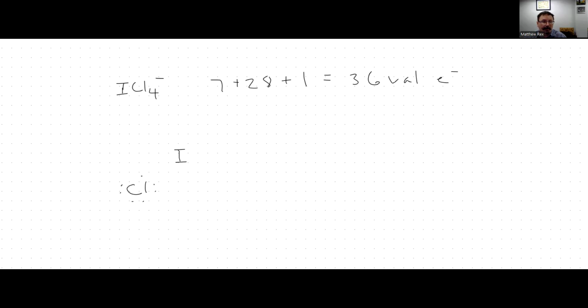Chlorine has that one lone pair, so I'm going to use that to form single bonds between all the chlorines and the iodine. And then if each chlorine has 6 unpaired electrons around it, then I want to start counting electrons.